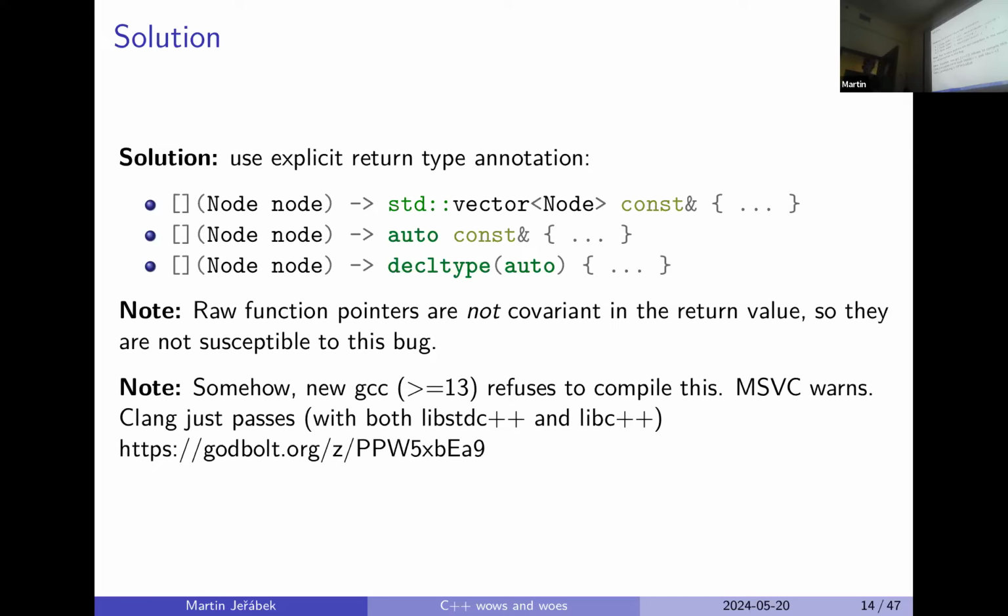If you have any idea. What's the diagnostic GCC gives? I think it says it just cannot convert that, because the types are not compatible. And MSVC warns that you're returning a reference to a local variable.